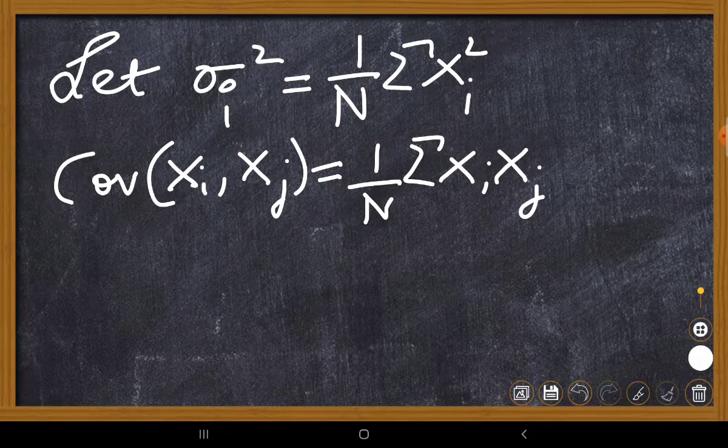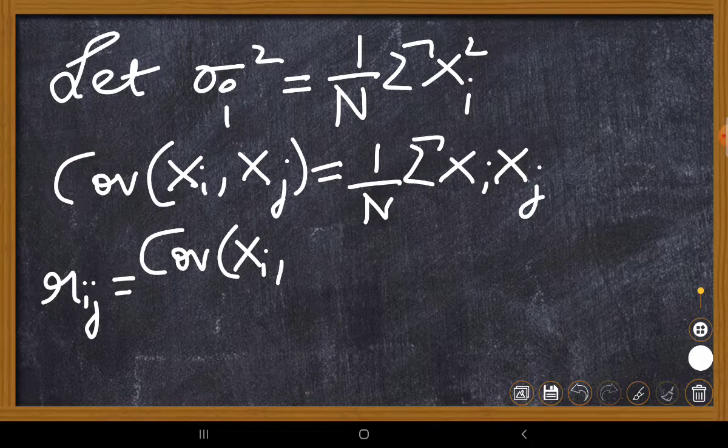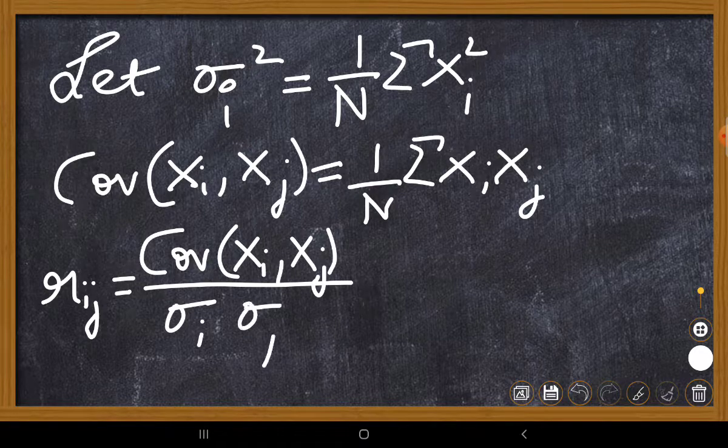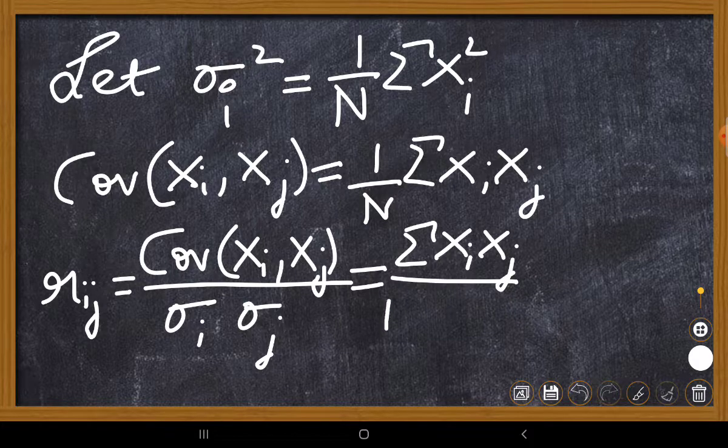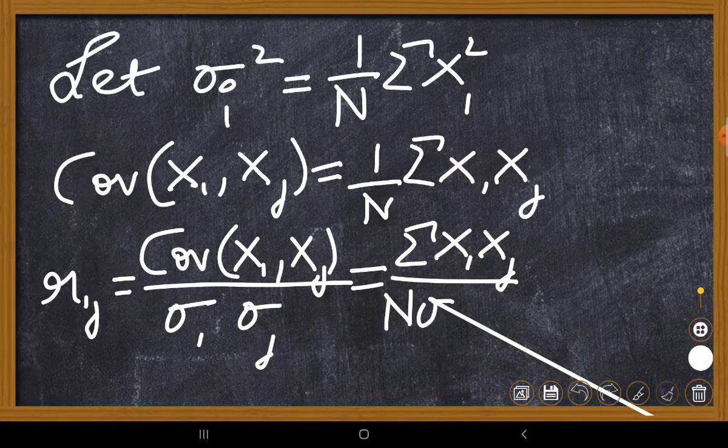Therefore your correlation coefficient rij will be the covariance of xi xj divided by sigma i sigma j. If you substitute the formulas here, you will notice that the n's cancel, and you will have in the numerator only summation xi xj, and in the denominator n sigma i sigma j.